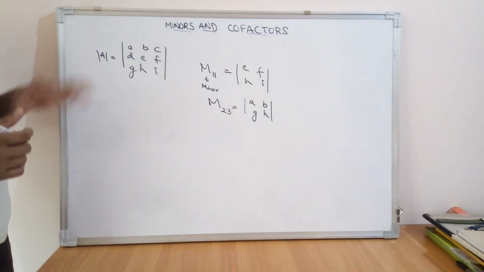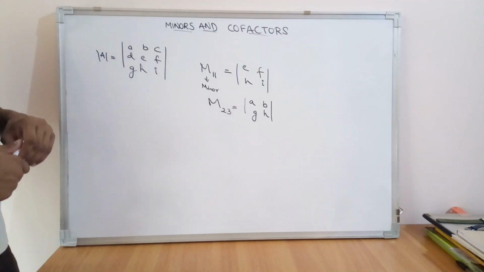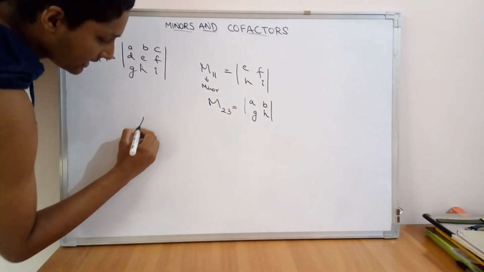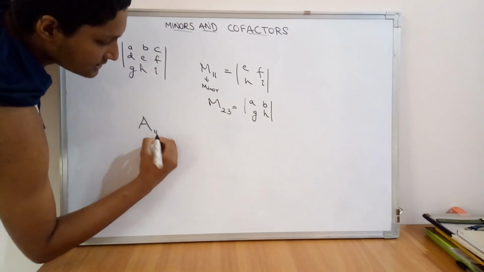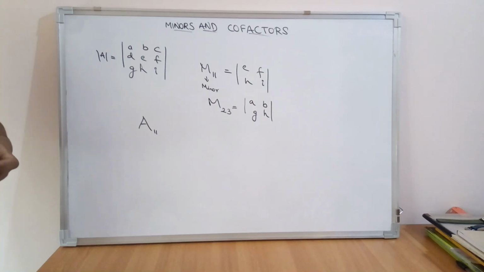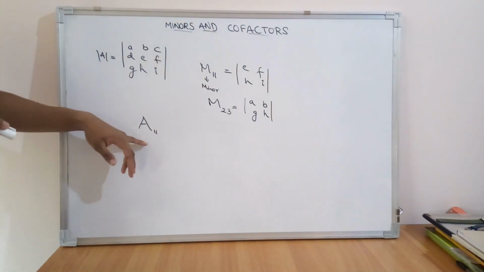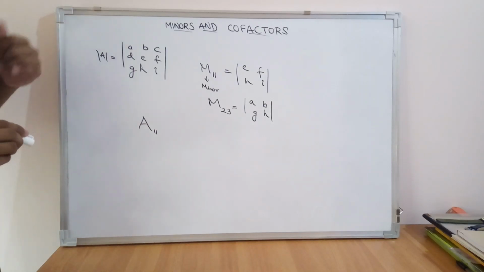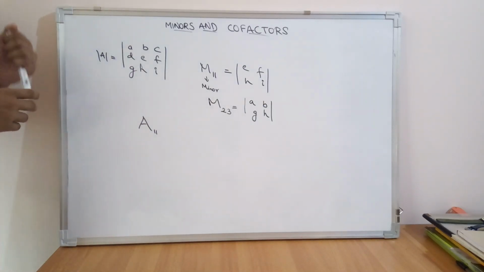That's all about minors. What is a cofactor? We represent a cofactor of a particular element by A. Since we have taken these two examples, I'm going to take the cofactors of these two again.